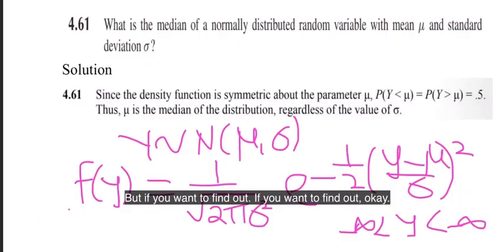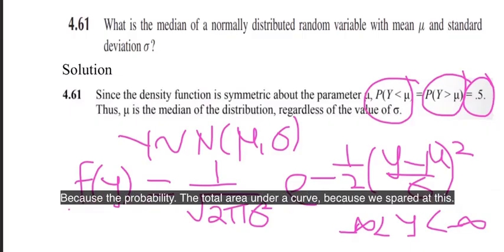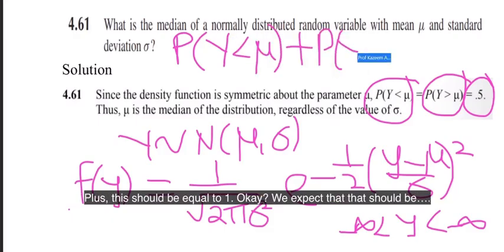But if you want to find out, the probability of y less than mu and the probability of y greater than mu are each going to be 0.5. Because the total area under a curve should be equal to 1. We expect that this plus this should be equal to 1.